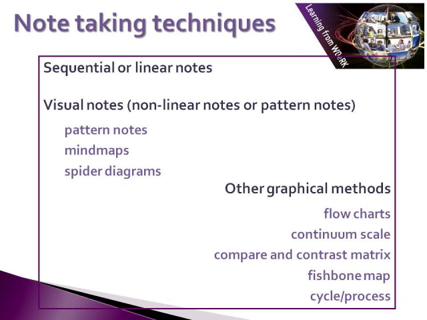Visual notes are note-making methods that are non-linear, i.e. they're organised around particular concepts or ideas. Pattern notes, spider diagrams and mind maps use lines and arrows and circles to link key ideas. Pattern note making reduces the impulse to make notes in the order the information was presented.